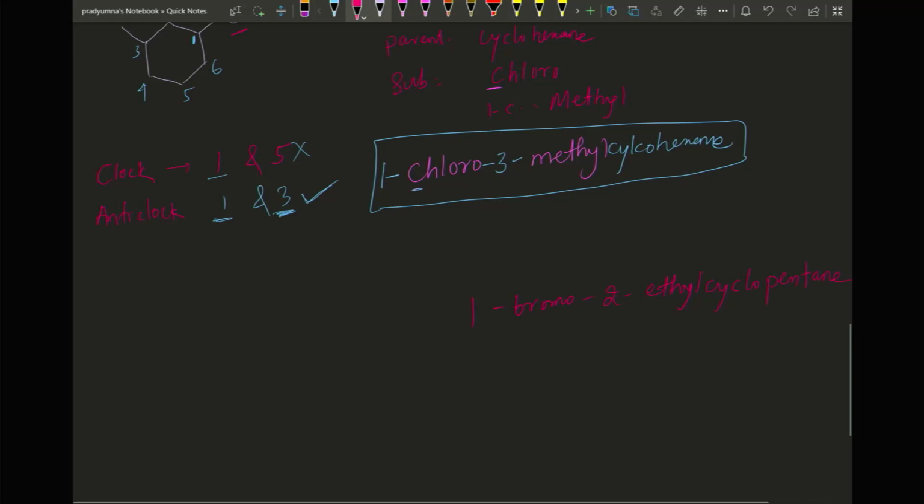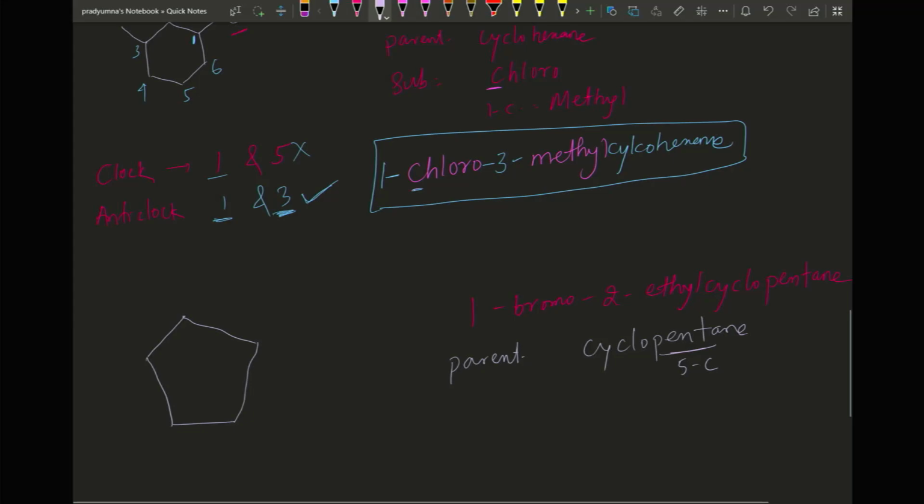All right, so let's do it individually. First, you want to draw the parent. So parent is cyclopentane. So pentane, pent means how many? 5. Pent is 5 carbon atoms. So let's draw the parent first.